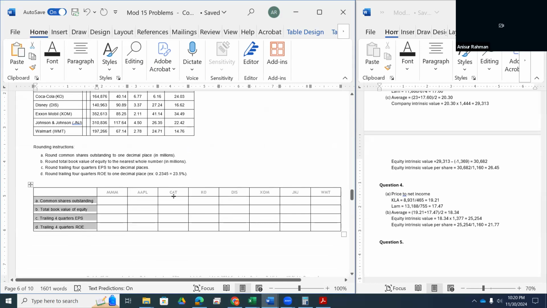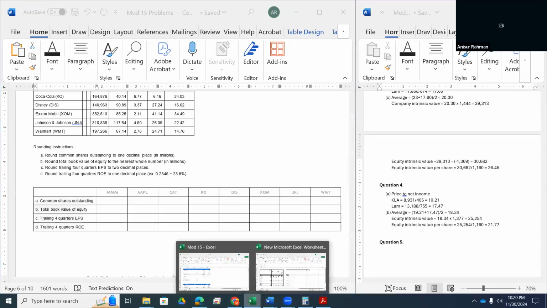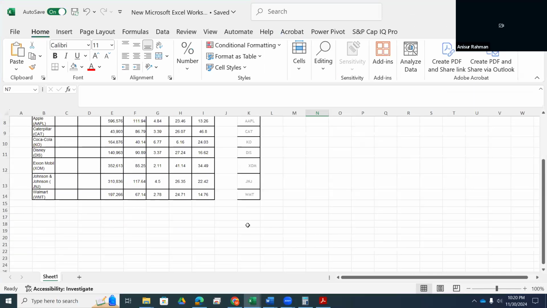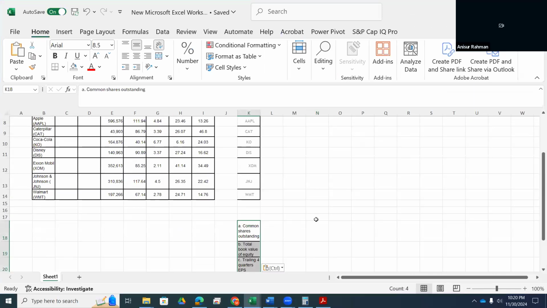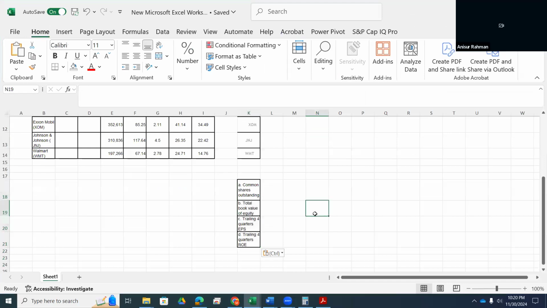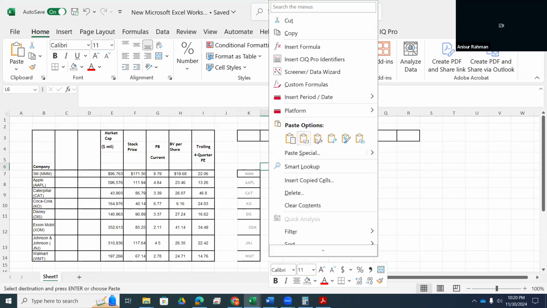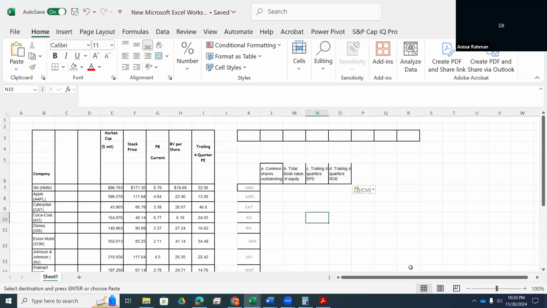I need to convert them into a row. So like before, I'm going to, let's say, copy here and paste here. And then again, come back, highlight this, Control C.